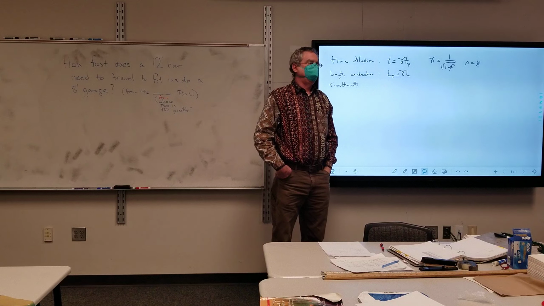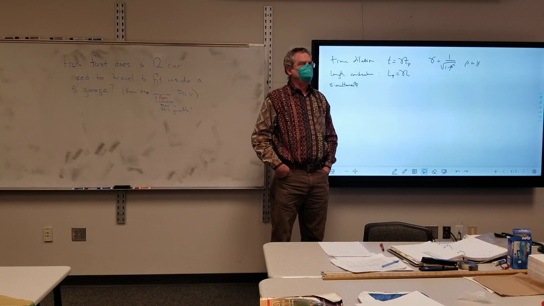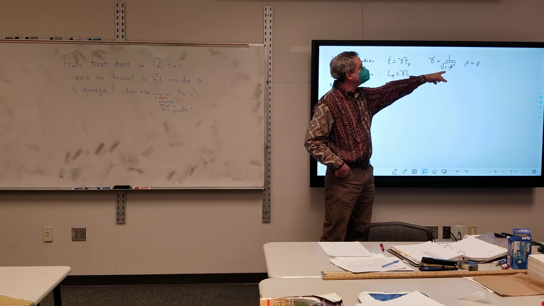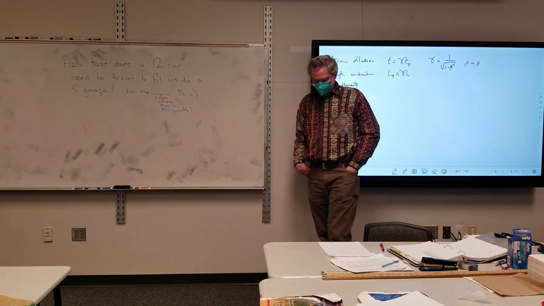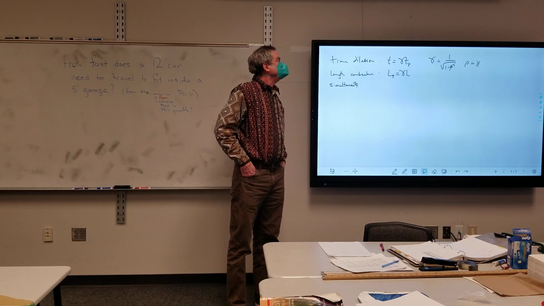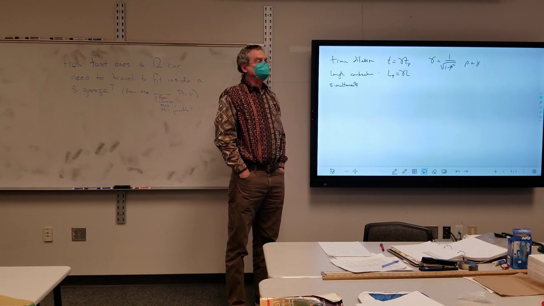I just asked. This is a math question, not a physics question. What's the smallest value that this can be, given that beta will never be bigger than 1? Well, actually, yeah. Beta will actually equal 1 for anything with mass.